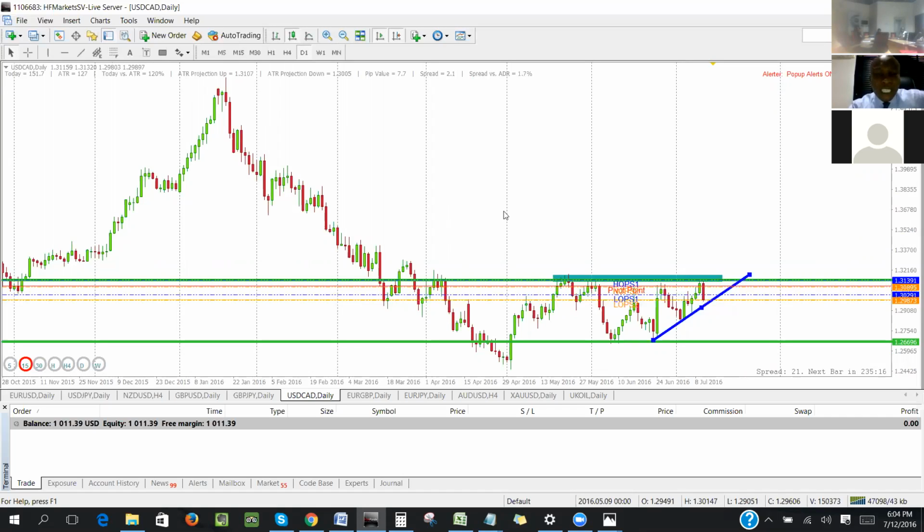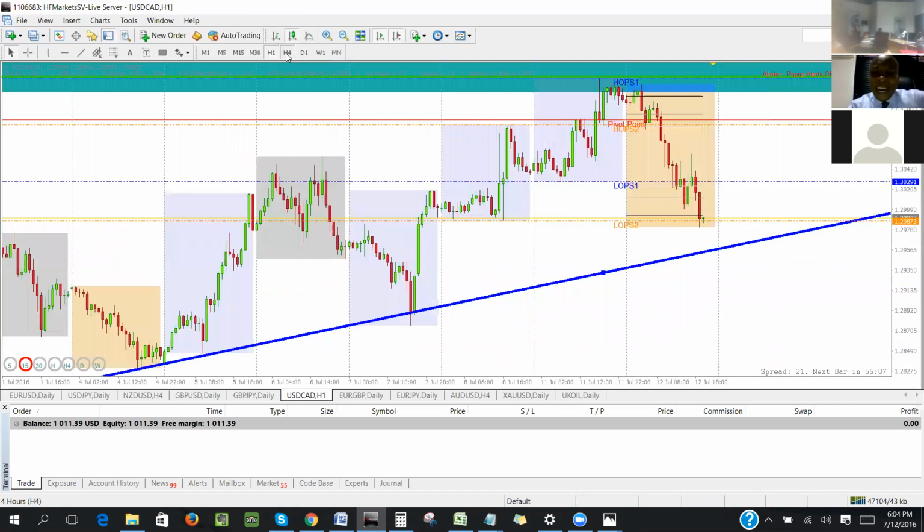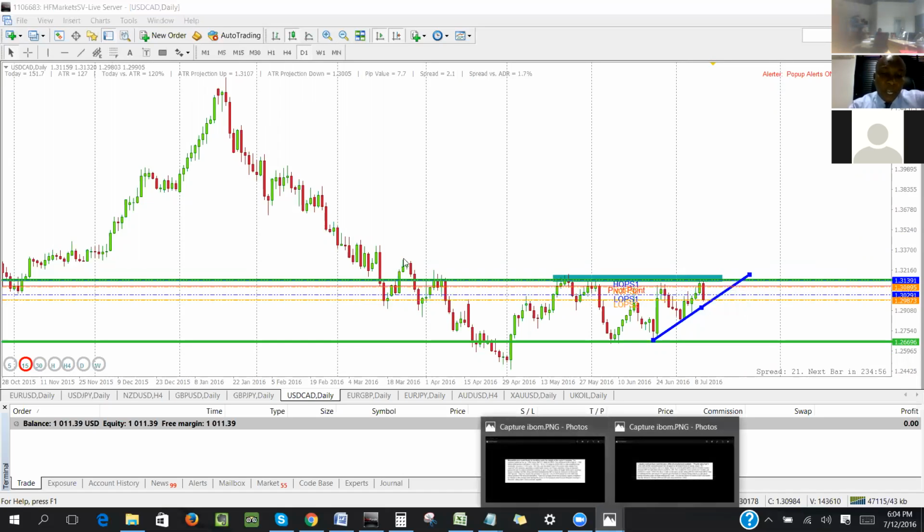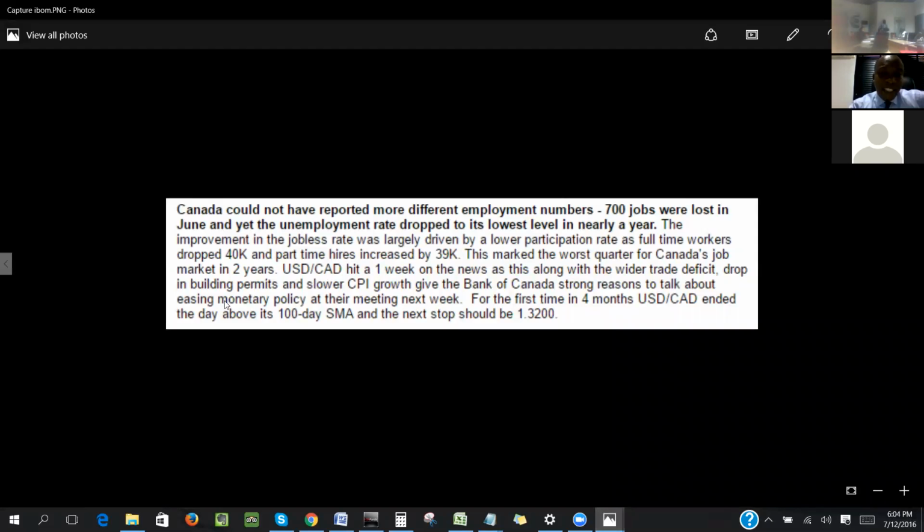So if you want to trade this currency pair now and you don't want to lose your money, you need to be patient to see a clear direction in the market. For high-risk traders, you might want to sell this. But you only do a short-term trade on this position, because by next week's meeting, we are looking at a reduction in the interest rate of Canada.